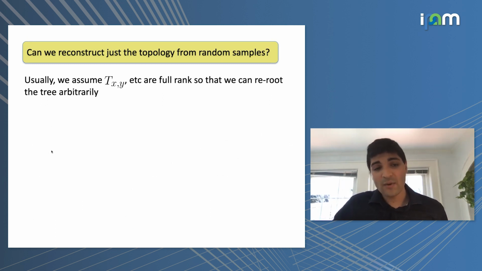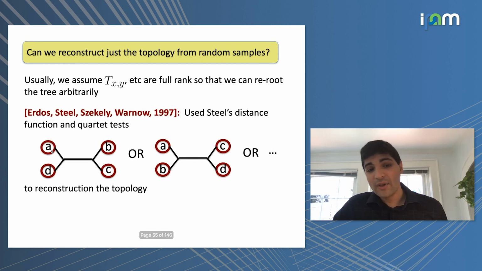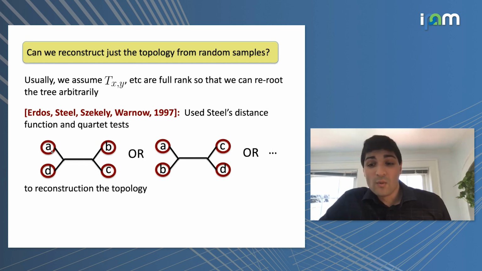In any case, once you have this distance function, you can actually reconstruct the topology of the tree pretty easily. Because if the transition matrices are full rank, then the distance function is never zero, so it's always strictly positive.